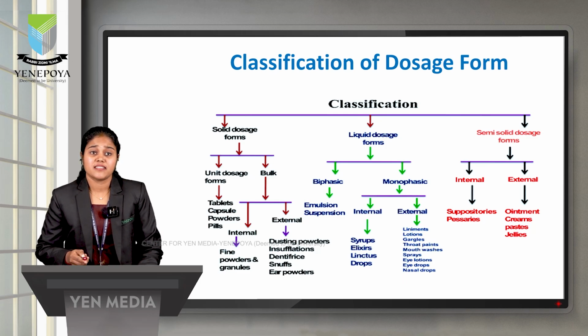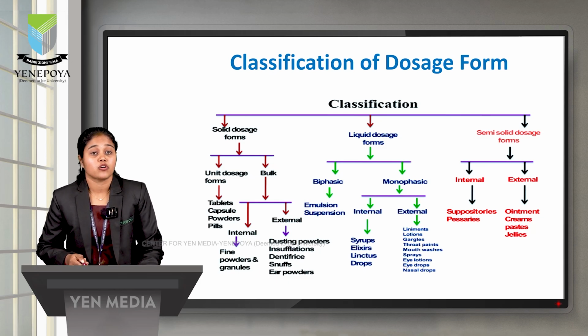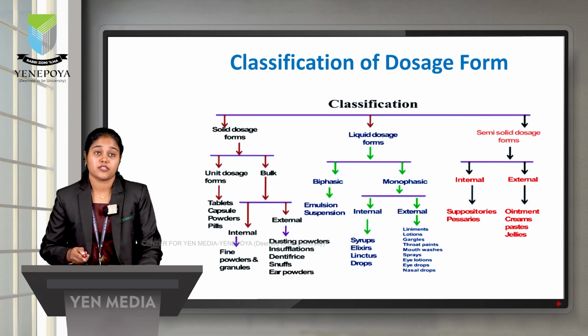Internal bulk dosage form examples are free powders or granules. External bulk dosage form example is dusting powder.